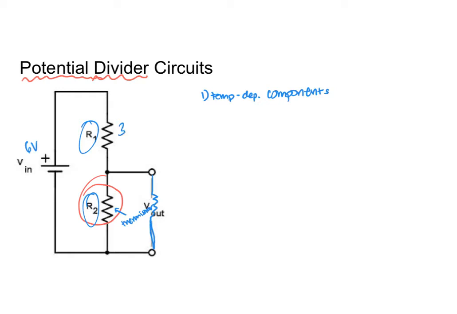Since 3 volts are lost across my first resistor, there's only going to be 3 volts traveling through my new load resistor. So it's something that I can use when I'm limited in my materials. So it gives me more variety in circuits in a lab.